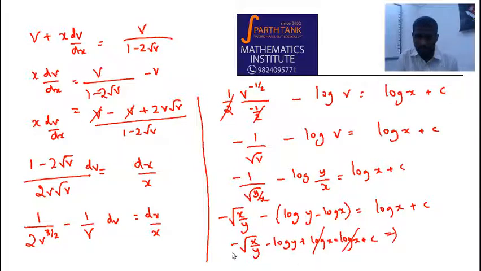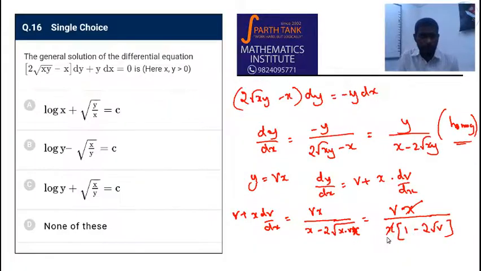So if I multiply a minus on that side, I get log y plus root of x by y is some minus c. Minus c is just another arbitrary constant which can be taken as c. So the solution is log y plus root of x by y is equal to an arbitrary constant. Let us see, log y plus root of x by y, option C. Log y plus root of x by y is equal to c.